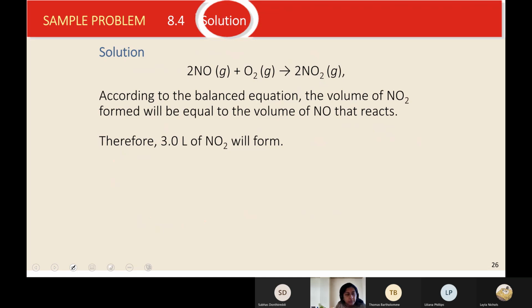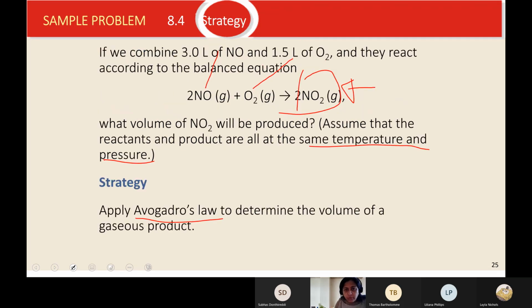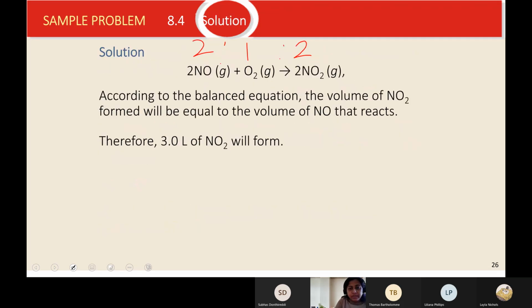Okay, so what is the balanced chemical equation? 2 to 1 and 2. If I use two volumes of NO, I'll get one volume of O2 and two volumes of NO2. So, what are the numbers? 3.0 liters of NO and 1.5 liters of O2.